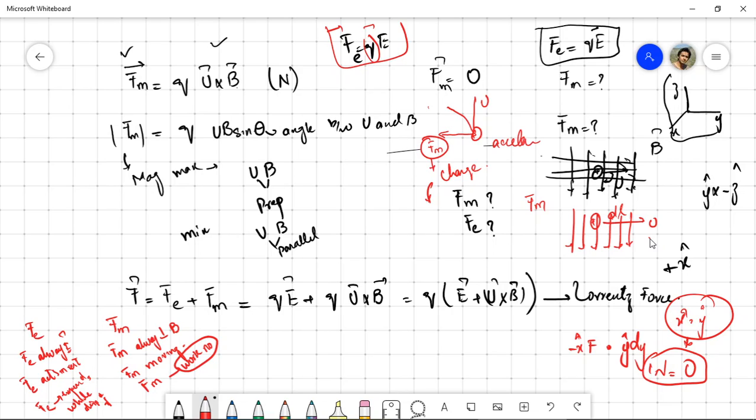Because in order to accelerate or decelerate a charge or any object, you have to apply the force in the direction of the movement of that thing, or in the direction which is opposing the movement of that thing. Just like if you are pushing a car and you want to move that car, once you start pushing, the car starts to accelerate. The force that you are applying while pushing the car will be in the direction of that movement, and that will accelerate the car.